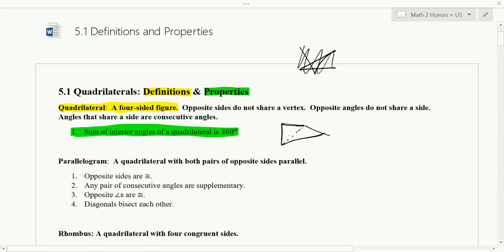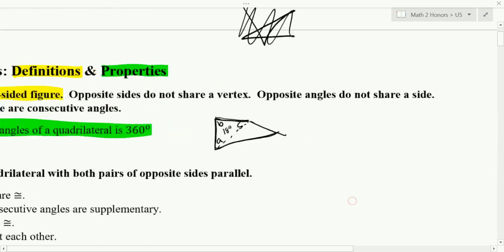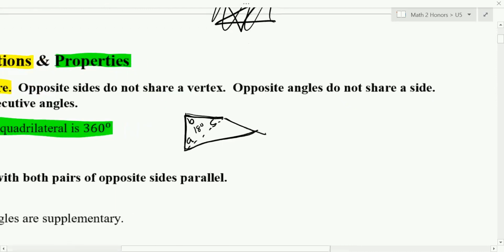And what's the sum of the interior angles of a triangle? Right? This triangle, the sum of the angles is 180 degrees. So angle A, angle B, and angle C here, those measures add up to 180 degrees. And then the bottom triangle, also, if you add angle D, angle E, and angle F, you're going to get 180 degrees.